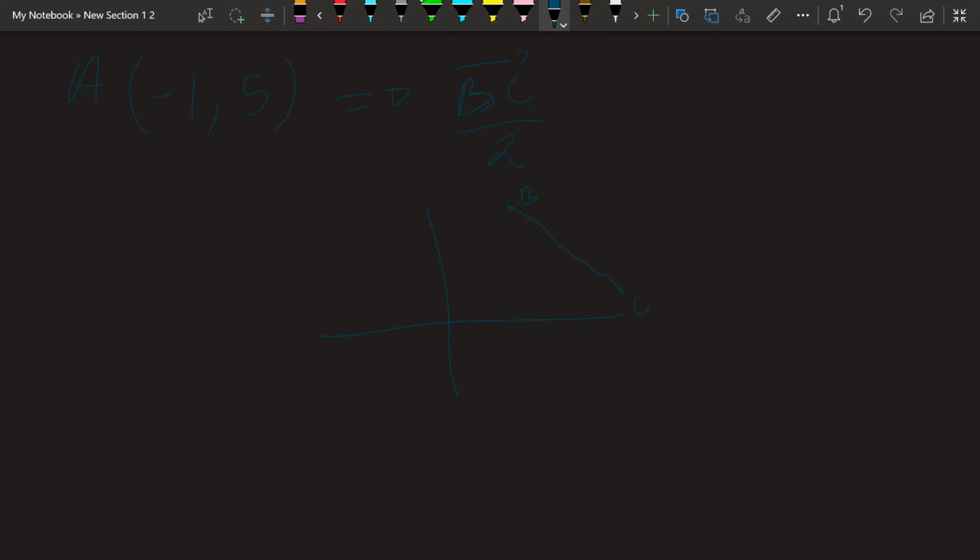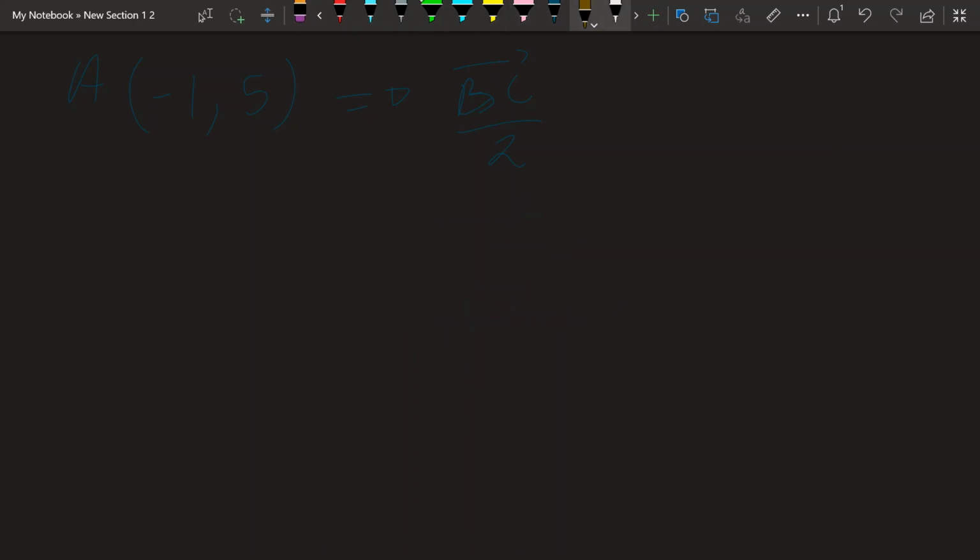You had BC. Let's say that this is their midpoint. If this is vector BC, the midpoint of BC is M. The position vector of the midpoint would look like this, OM. And this would be OB. This would be OC. Right? So what we're going to try to find is point M. Let's find it.